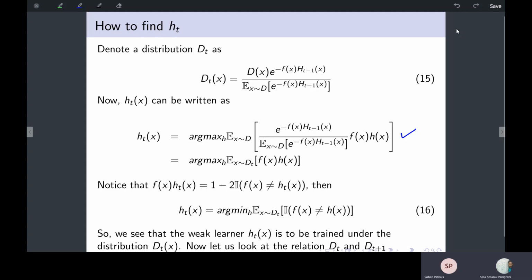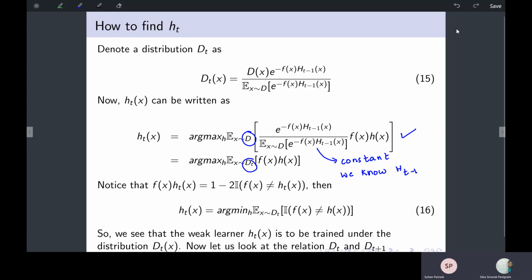Now e to the power minus f(x) H(t-1)(x) is already determined, as we know the ensembled hypothesis for all the base learning algorithms till t minus 1. Similarly the expectation value in the denominator is also a constant, and it is just the exponential loss till t minus 1.